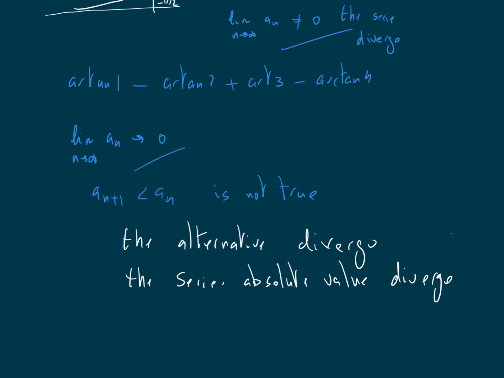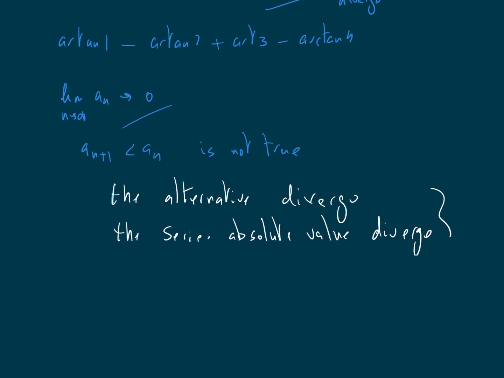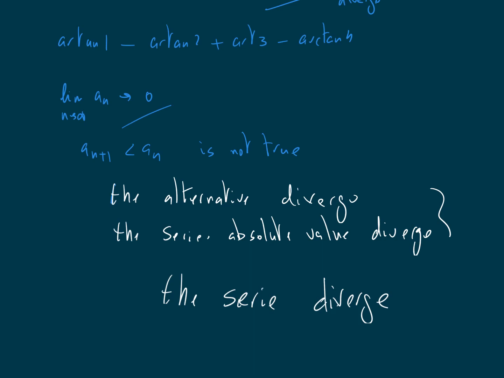So as a conclusion, there is nothing like conditional convergence or absolute convergence. What we would say is the series diverges, meaning that the alternating series diverges and also the series of the absolute value. So the problem is done.